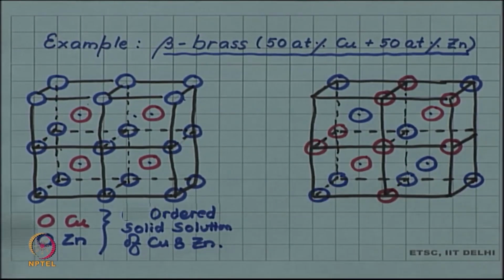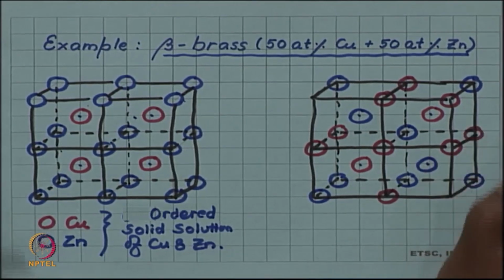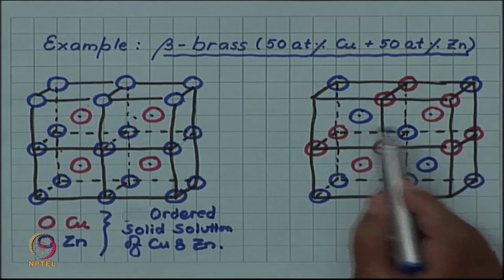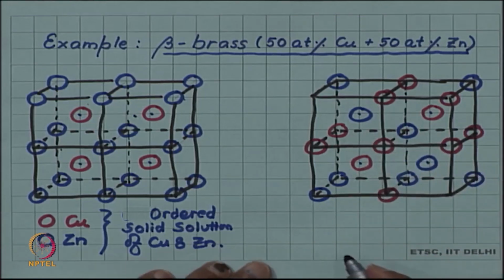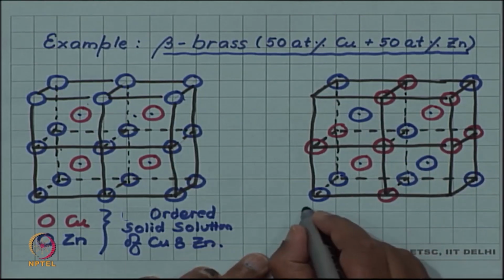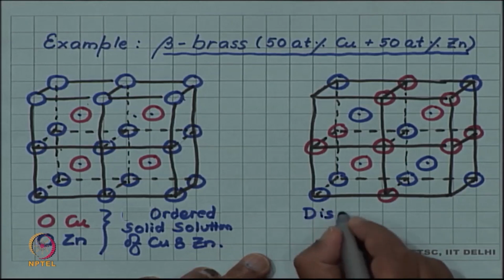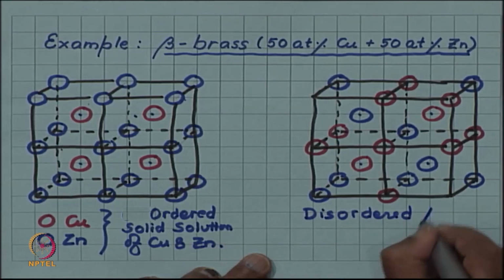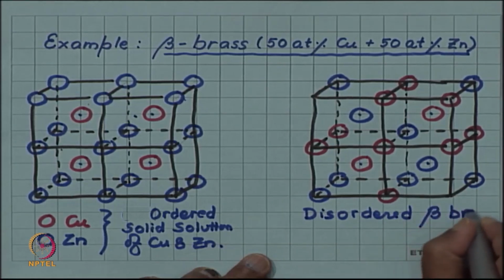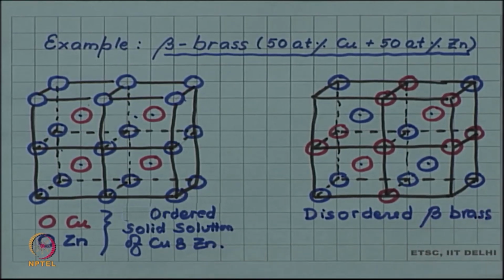So, here both atoms are randomly selected to be present at the corner or the body center. So, we have what we will call a disordered solid solution, or in this case disordered beta brass, and both are available.